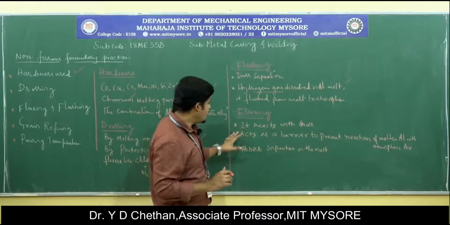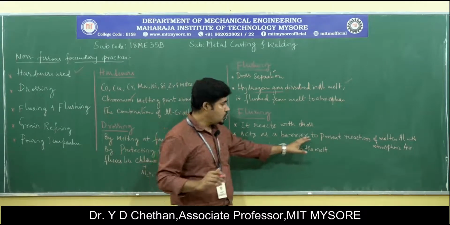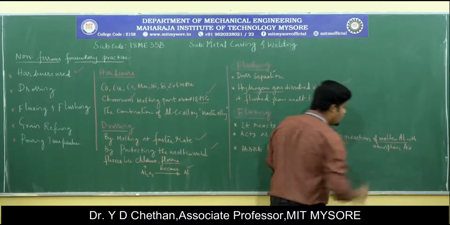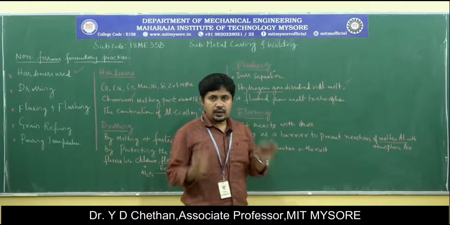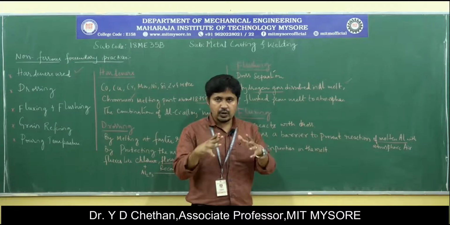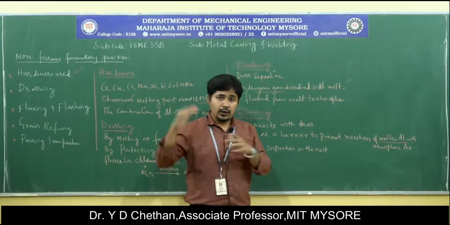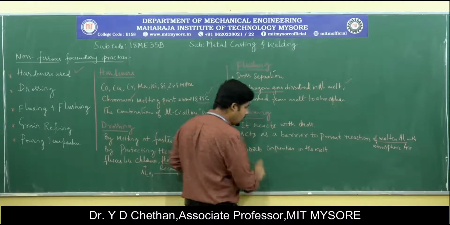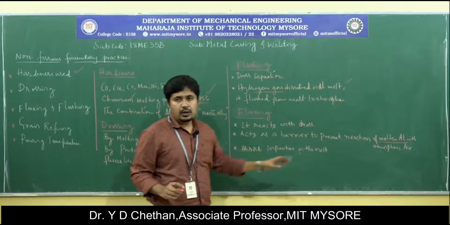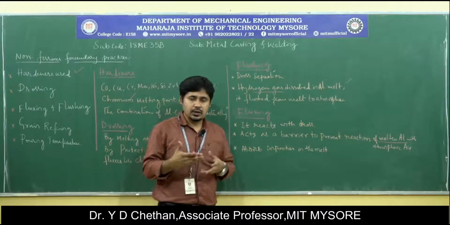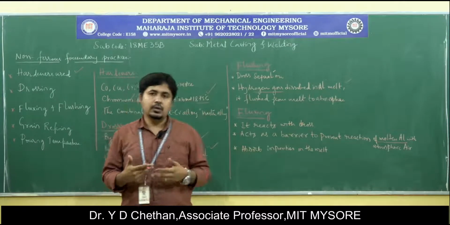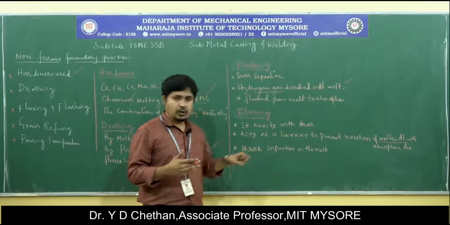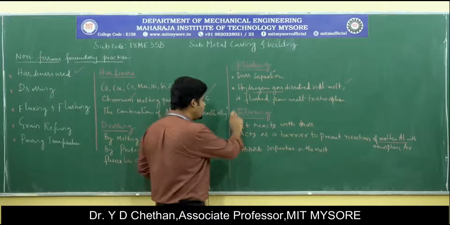Here the flux acts as a barrier to prevent reaction of molten aluminum with atmospheric air. The intention is very simple, we need to protect the molten aluminum from the atmospheric air. Then it is going to absorb the impurities in the melt. So the dross that comes in the melting process, the flux is going to absorb those impurities. That is one of the functions of the fluxing method.